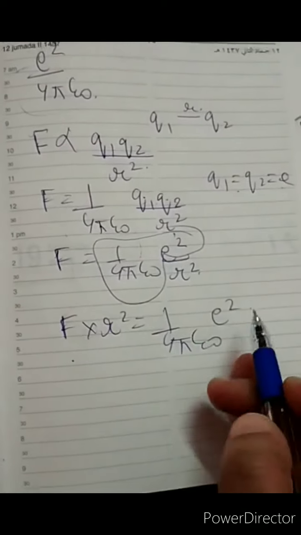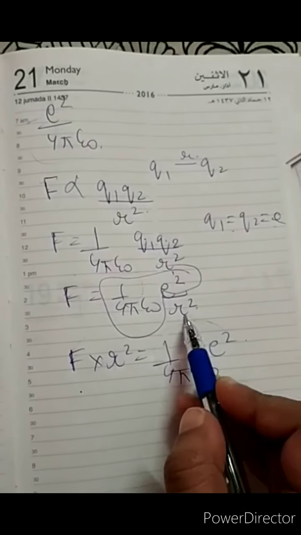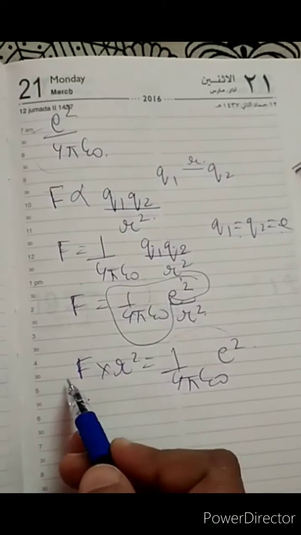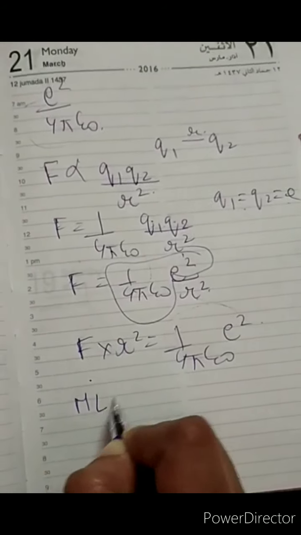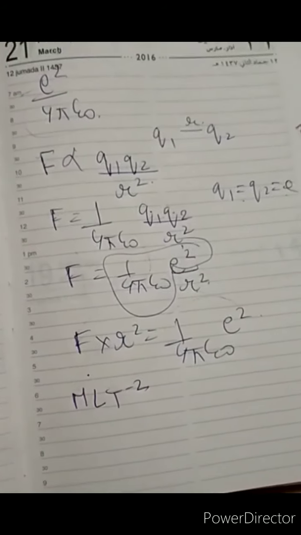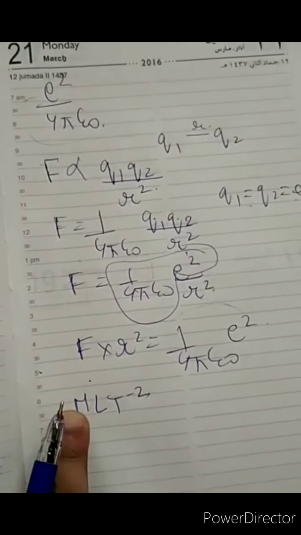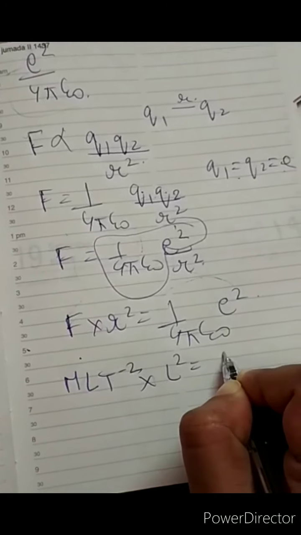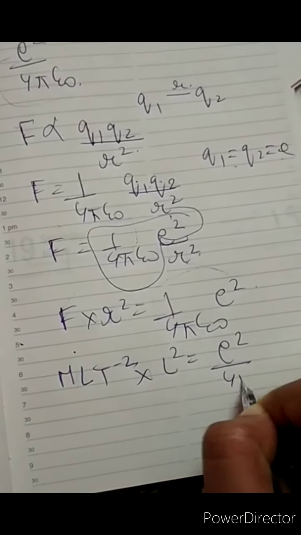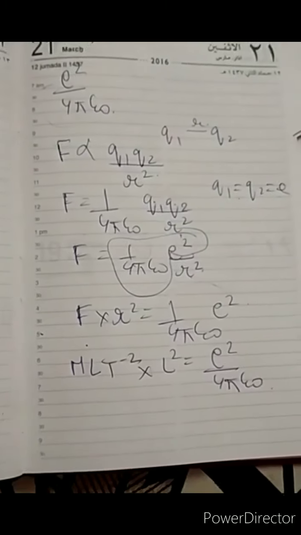So it means if I want to write the MLT of this form, it equals force into R square. So it's just a shortcut. MLT minus 2, correct? Force unit is mass into acceleration, MLT minus 2, into R is the distance, that is L square, which is equal to E square upon 4 pi epsilon 0, correct?